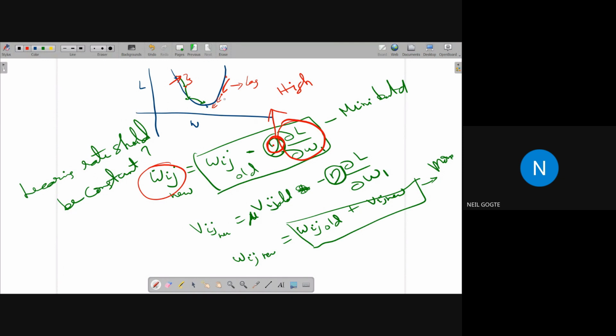So the steps will reduce. If you decay the learning rate after every epoch, then the quantum of the update, or the impact of the update, will reduce on the weight if this number starts shrinking.